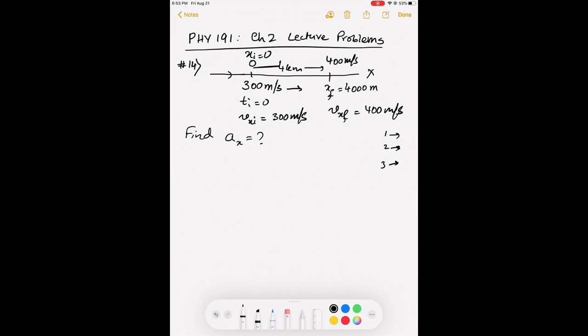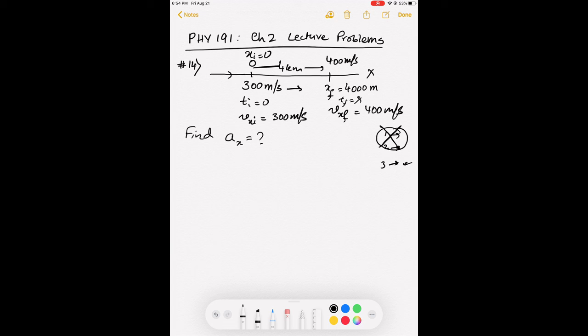So in this problem, you do not know the final time, right? So tf is not known, so you cannot work with any equation that deals with time. So you can rule out 1 and 2 and choose number 3 to see if you can solve the problem just by one equation. There will be cases when you will not be able to solve the problem just by using one equation, but we will see that later.